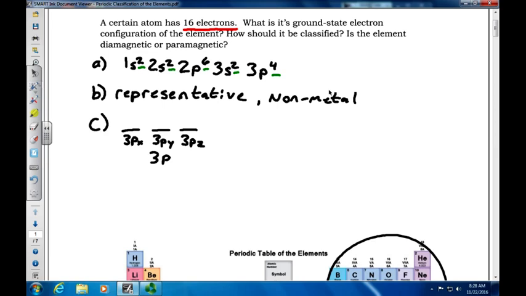So let's count this off. We've got 1, 2, 3, and 4. And because we have unpaired electrons, which would be over here and here, we would generally call this a paramagnetic element. So, therefore, it is paramagnetic.